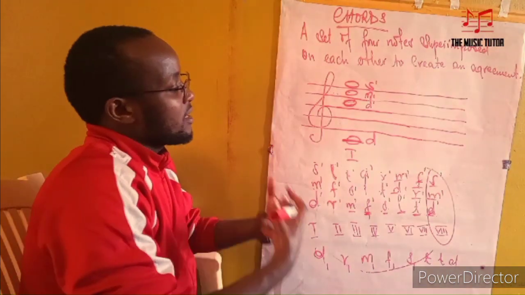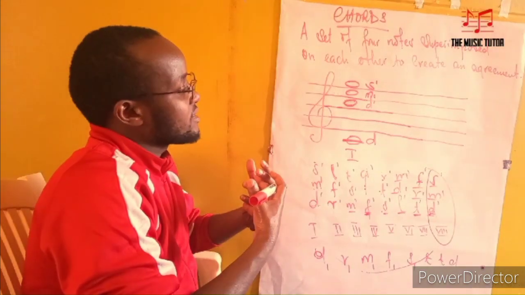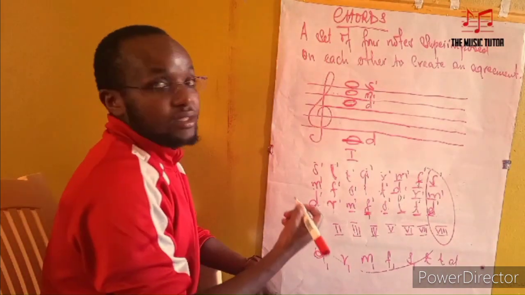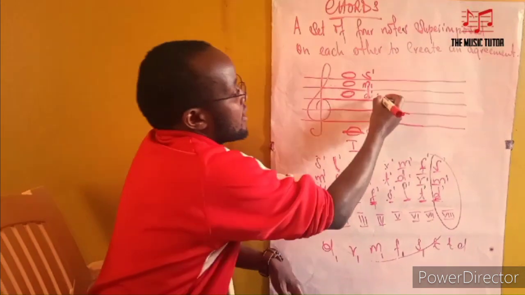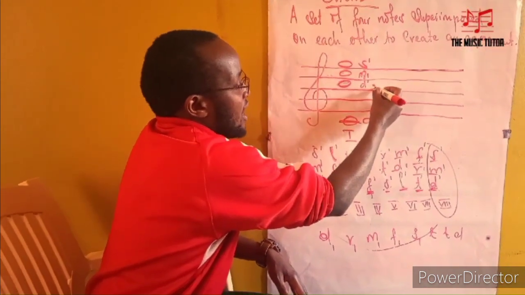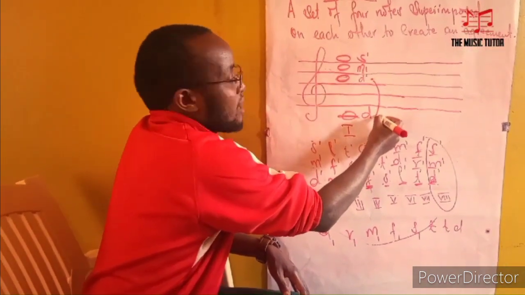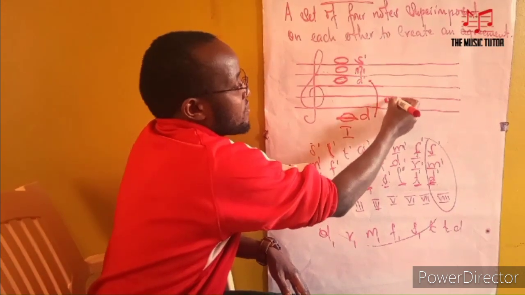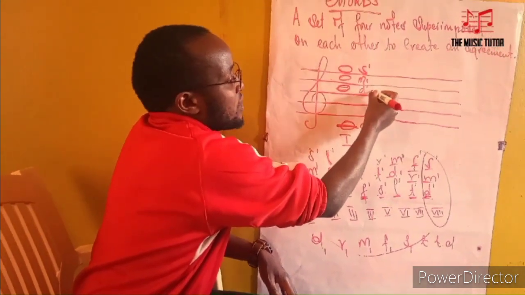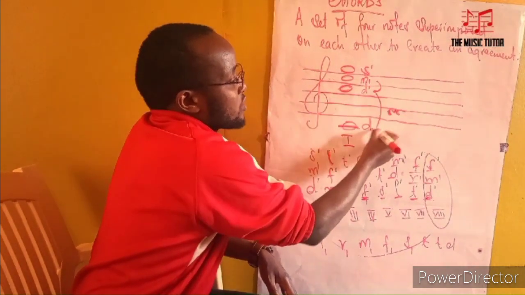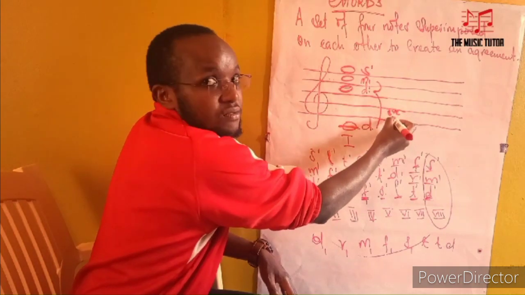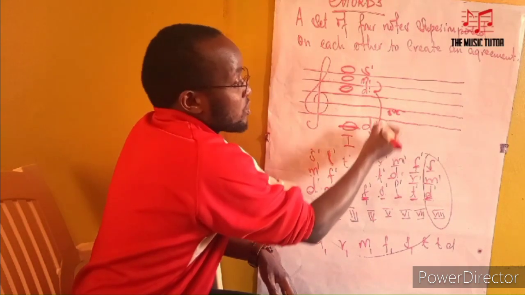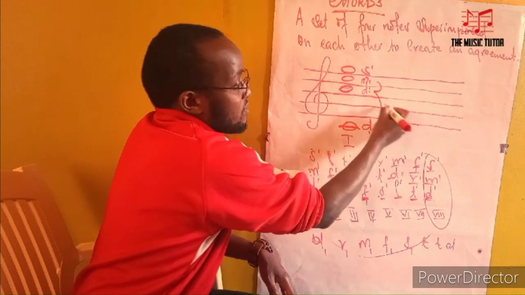So what I would want you to note is that between the root note and the note that we double is an octave, and between the tonic, this is the lower tonic to the upper tonic, there is an octave.